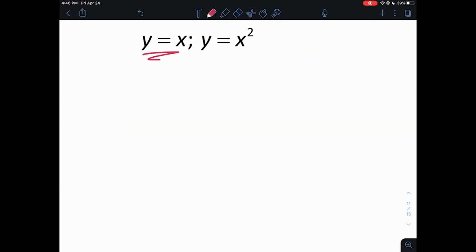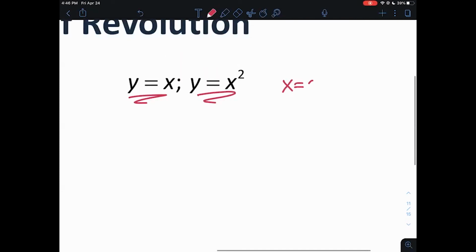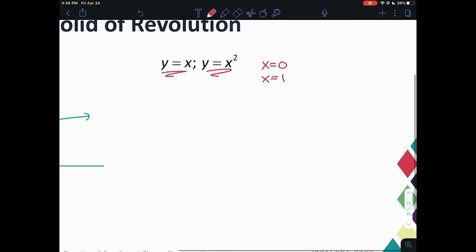So if I have these curves, y equals x and y equals x squared, I'm going to bound this between x equals 0 and x equals 1, just for the purposes of what we're going to look at here. So that means I don't need nearly that much information. So I'm going to have y equals x and y equals x squared.